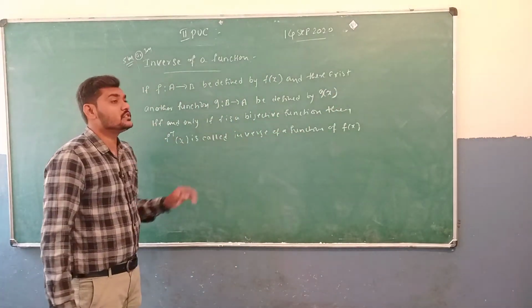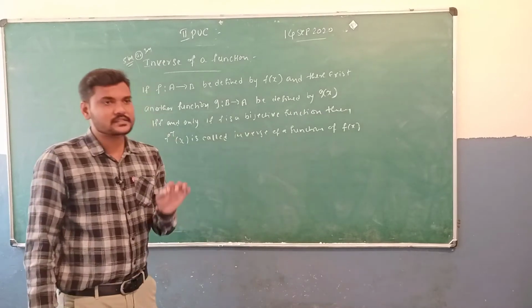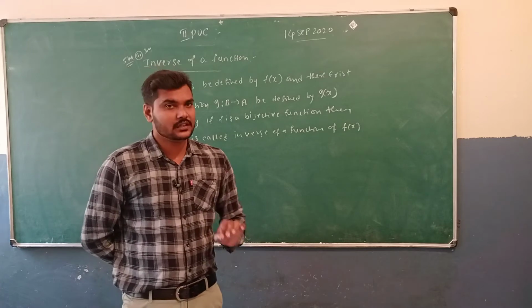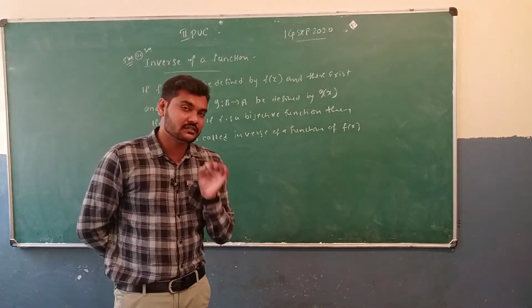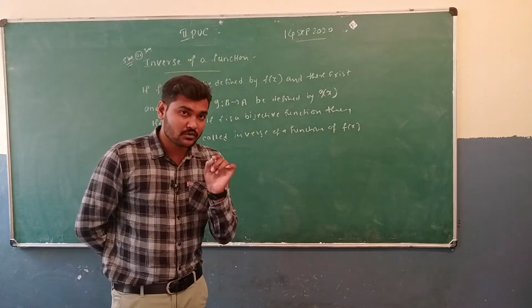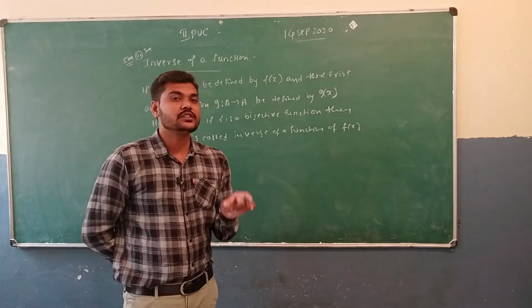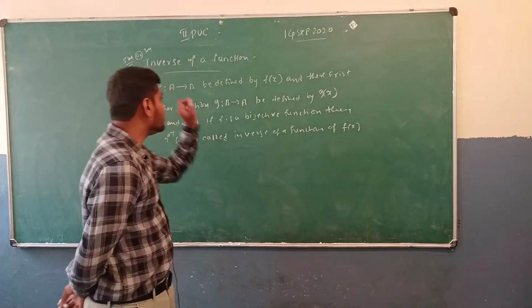That g of x is going to be the inverse of the function if and only if the given function f of x is one-one and onto, or we can say that if the function is a bijective function, then it's going to be the inverse of the function.